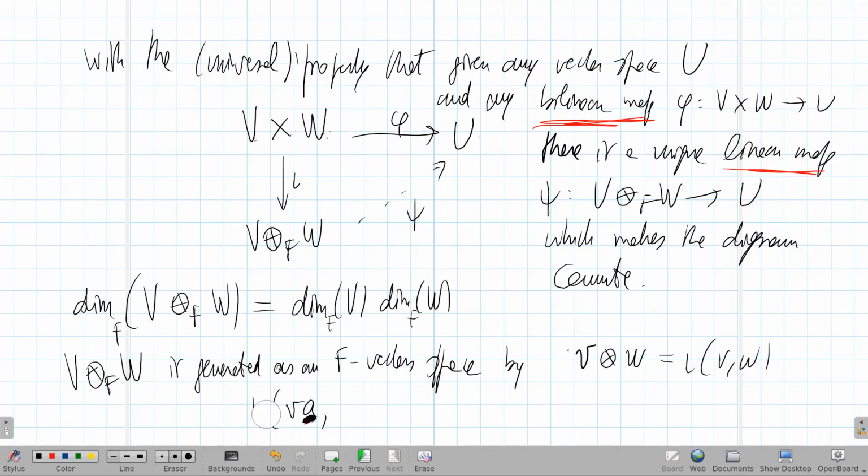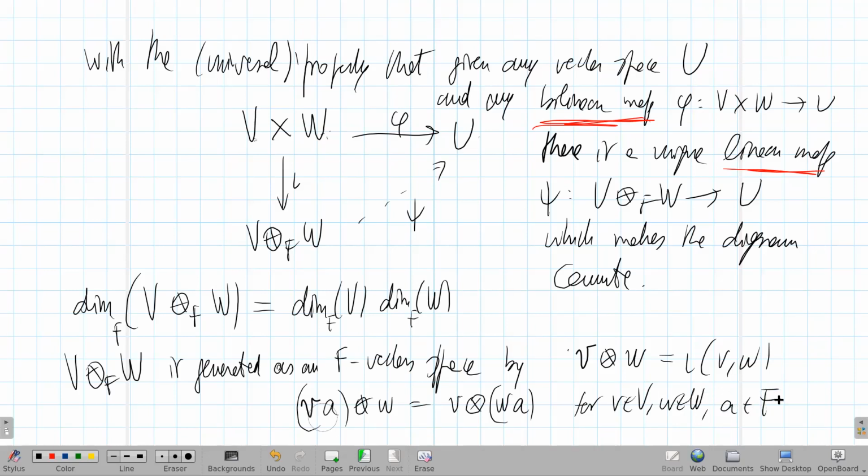And we have the property that (V A) tensor W equals V tensor (W A), for V in V, W in W, and A in F. So we can move the coefficient from the left of the tensor symbol to the right of the tensor symbol. Oh, and moreover, this is a vector space, and okay, I'll write this here.